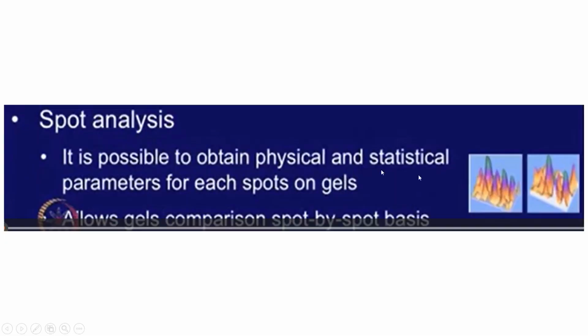Then spot analysis. These peaks are nothing but the intensity I was talking about, which is a property of densitometry, and it tells you what the concentration of that specific protein in your sample might be. So it is possible to obtain physical and statistical parameters for each spot on gels, and it allows gel comparisons spot by spot.